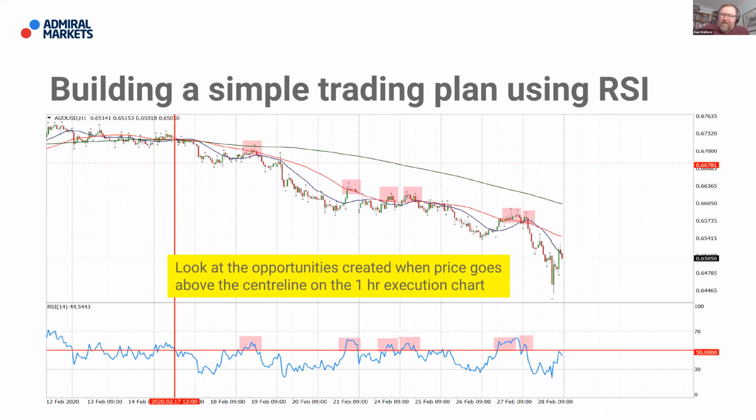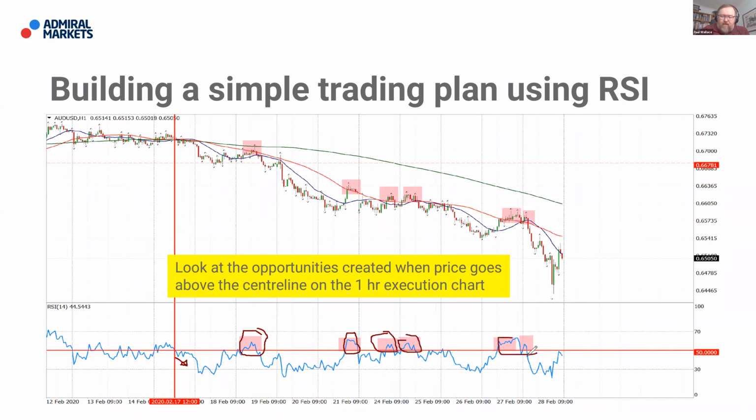Then what I do is I drop down to my next time frame, which in this case is the 1-hour chart. Remember, if I have a bearish bias from the 4-hour chart, then every time that price gets above the 50 line on the RSI, as we can see here, I'm drawing these pink boxes.